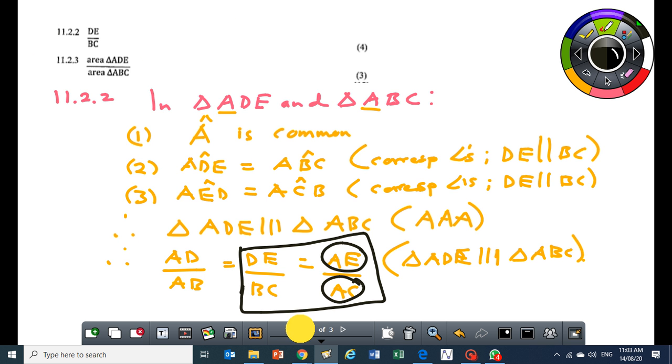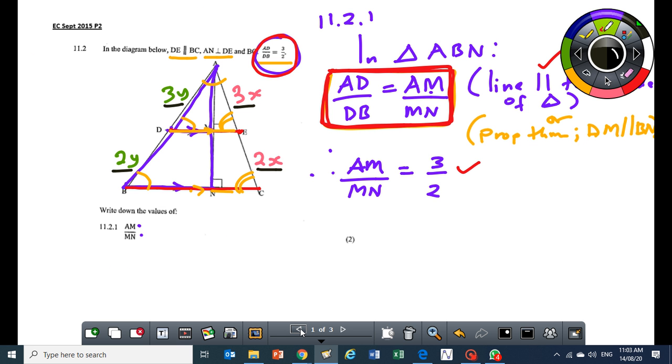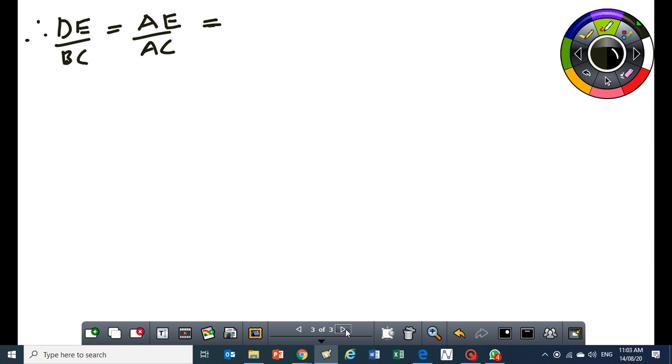If I go back to the diagram, AE is equal to 3x and AC is equal to 3x plus 2x, which is 5x. So I'll end up having 3x over 5x. So DE over BC will be equal to 3 over 5.